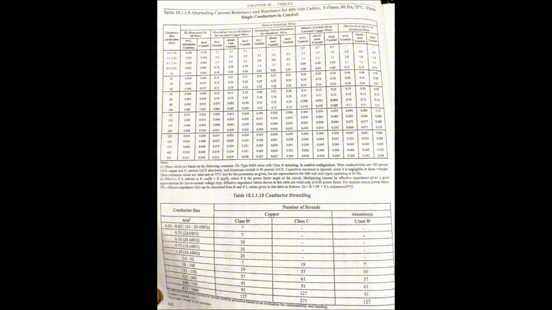Purpose: to provide the alternating current, AC, resistance and reactance values in ohms for various sizes of insulated conductors, copper and aluminum. Application: these values are essential for accurate voltage drop and fault current calculation in AC power systems, taking into account the type of raceway, steel conduit or PVC conduit, which affects the resistance.